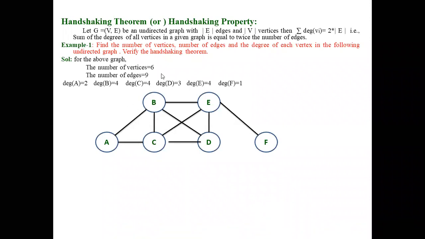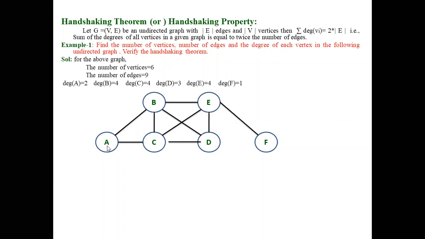So the number of vertices is 6 and the number of edges 1, 2, 3, 4, 5, 6, 7, 8, 9. So the number of edges is 9.